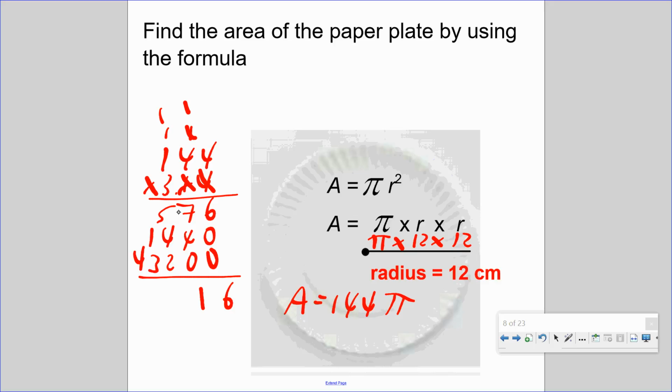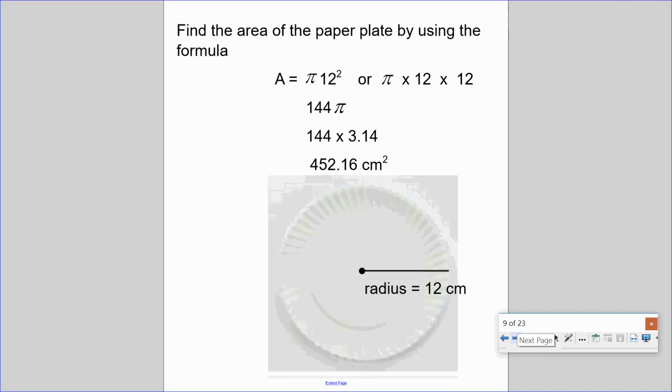If you add all this up, 7 plus 4 is 11, carry the 1. 1, 5, 4, and 2 is 12, carry the 1. That's 5, 4. How many digits are behind a decimal point? 2. So the area of this circle is 452.16 square centimeters.